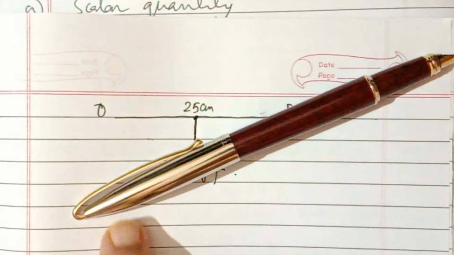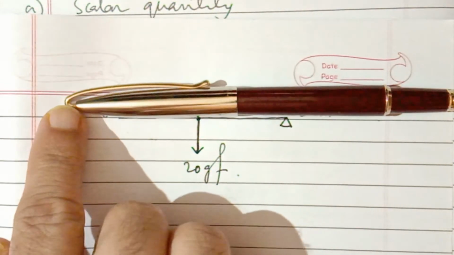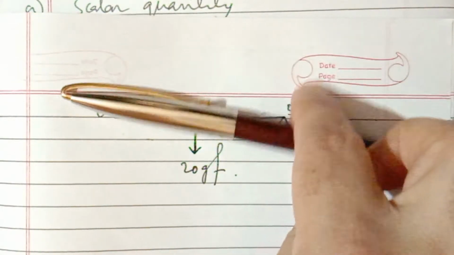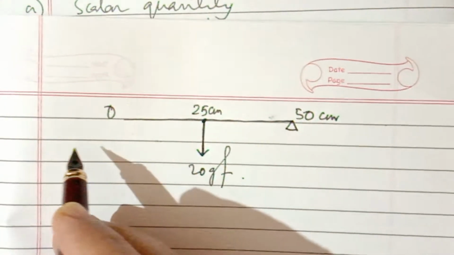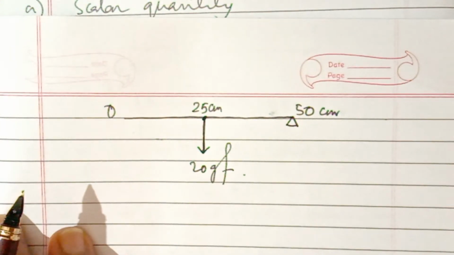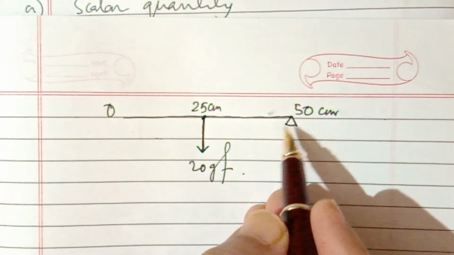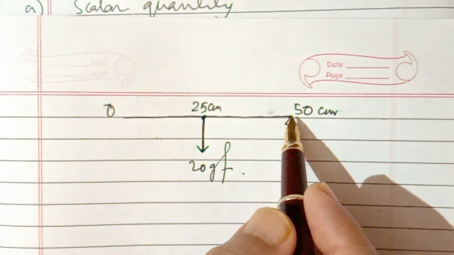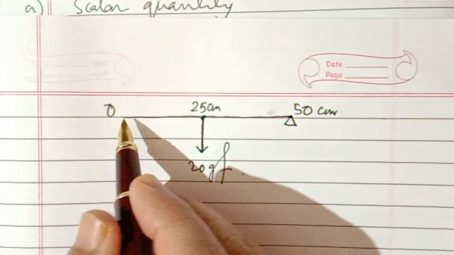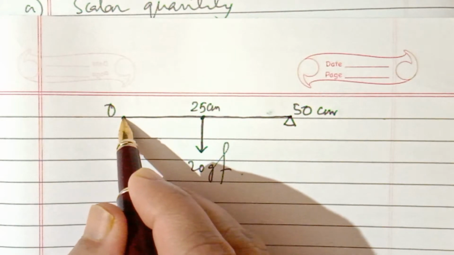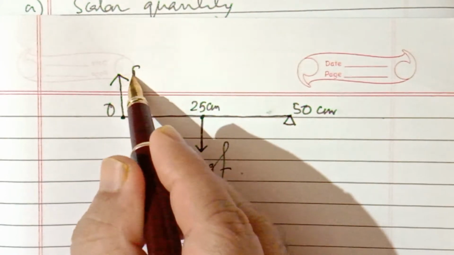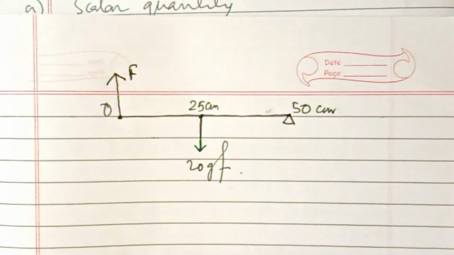Now to keep it horizontal, you have to apply force so that clockwise movement is produced. And you see in the question, minimum force, that means maximum distance from the axis of rotation. So from here you have to apply the force at the maximum distance, that means on the other end. So you have to apply force here to keep it horizontal.